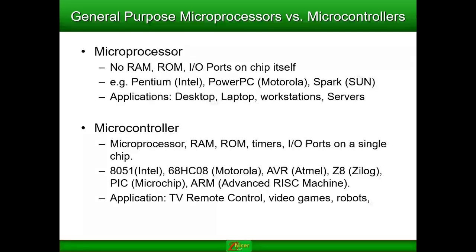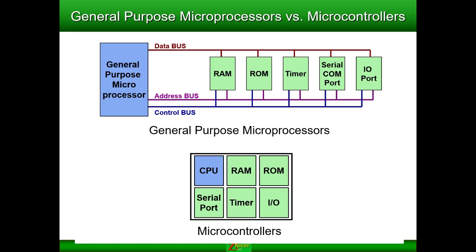Examples of these are 8051 of Intel, 68HC08 of Motorola, AVR of Atmel, Z8 of Zilog, PIC of Microchip, and ARM, Advanced RISC Machine. Applications of these are remote controls, video games, robots. Microcontrollers are used in everyday applications. Our ACs have microcontrollers, our fridges have microcontrollers. These smart devices that are present in our home, all of them have microcontrollers in them.